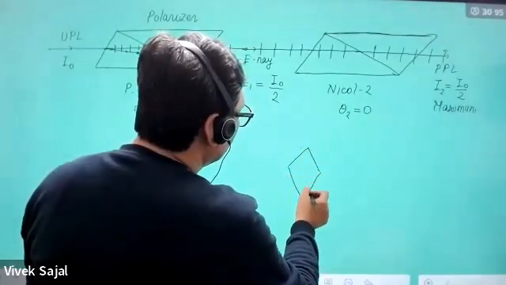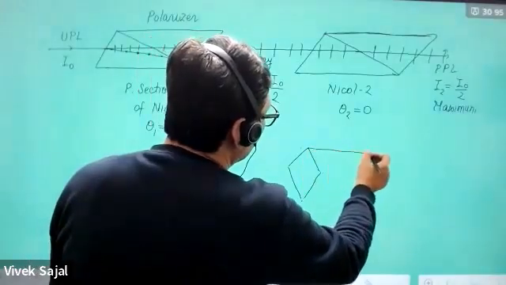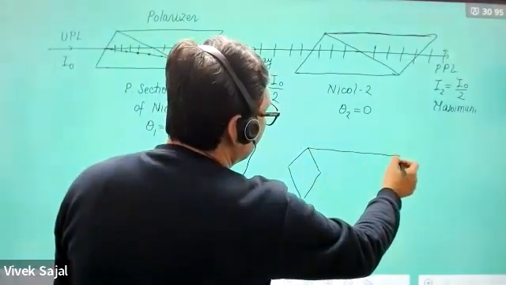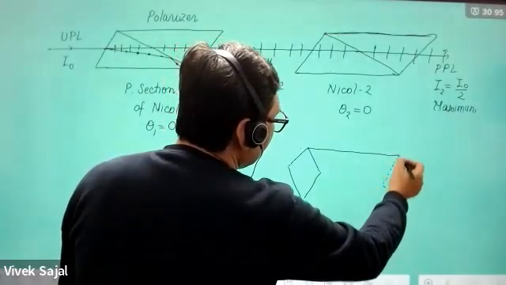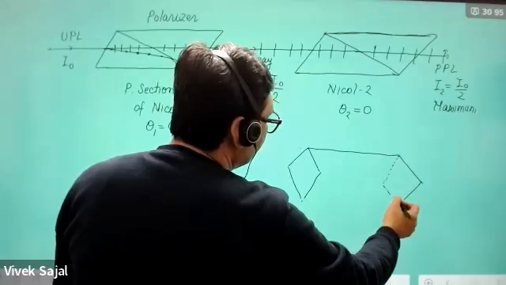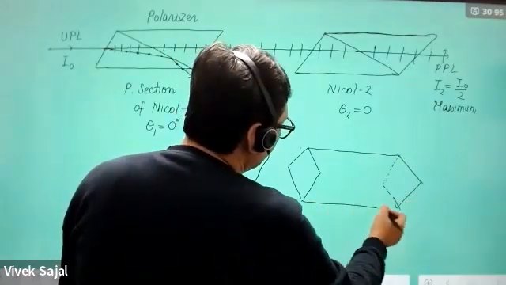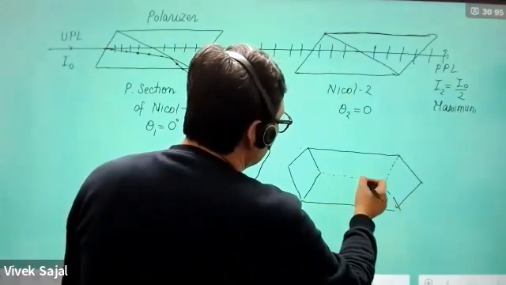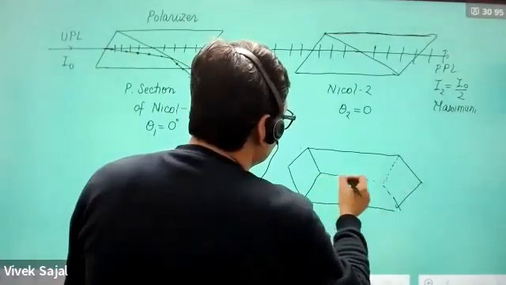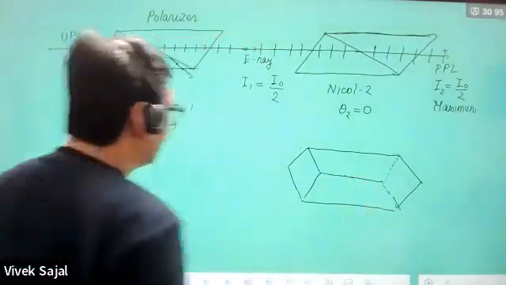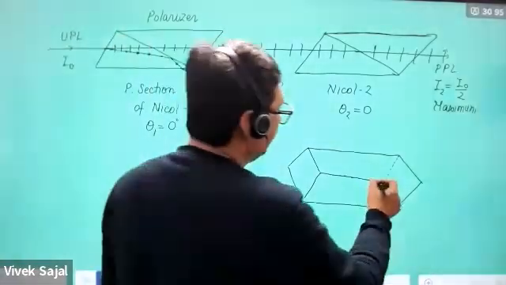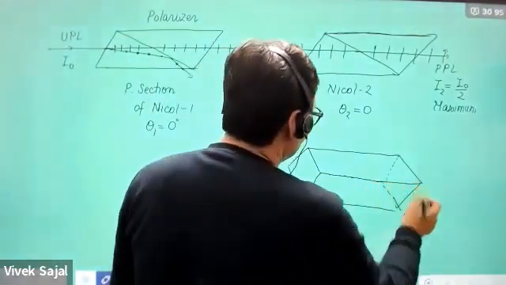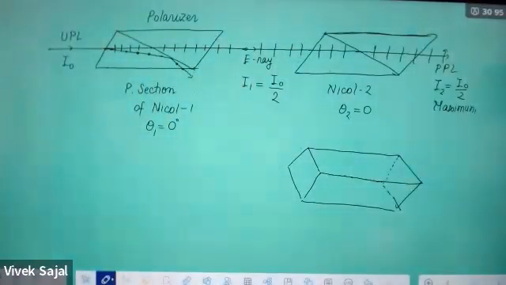Try to understand, the rotated Nicol is shown like this. We generally show the rotating Nicol like this type. Okay?